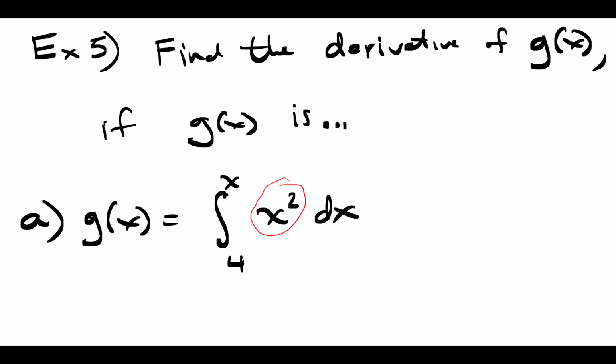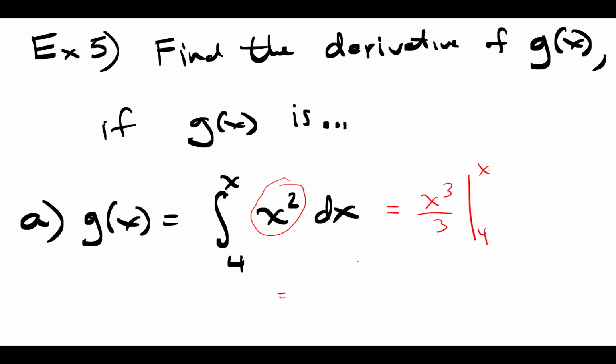So let's go with this here. Find the derivative of g of x, if g of x is the antiderivative from 4 to x of x squared. So let's go through this one together. If we did this according to the second fundamental theorem of calculus, this would be x to the third power over 3 evaluated from 4 to x.